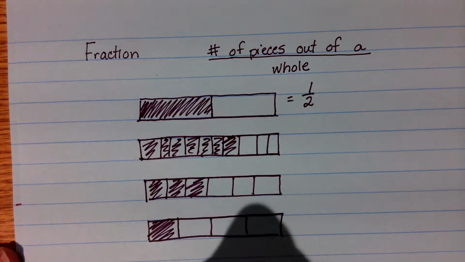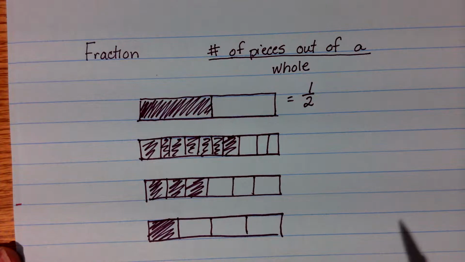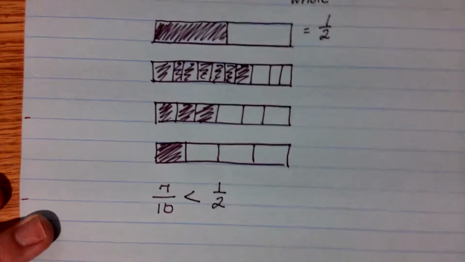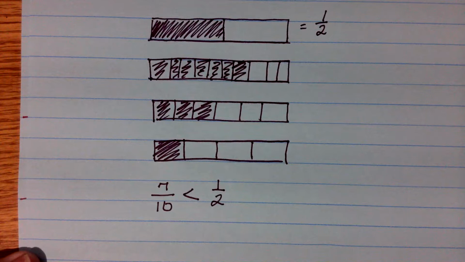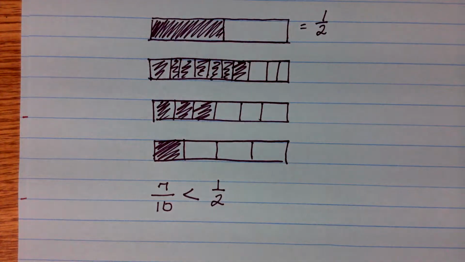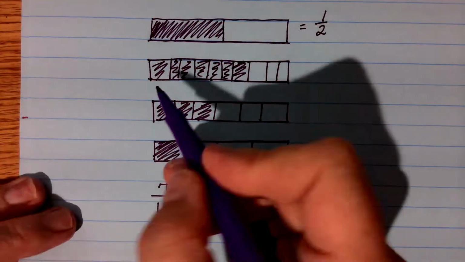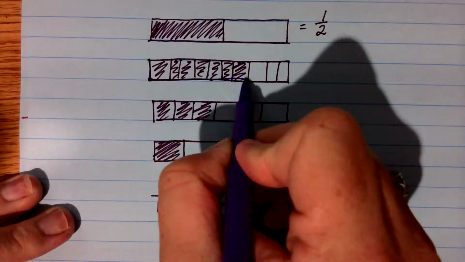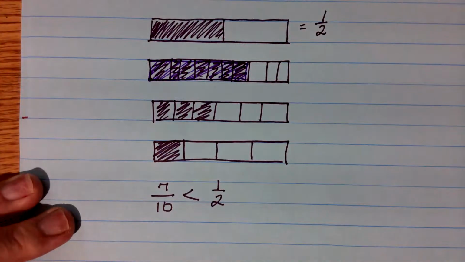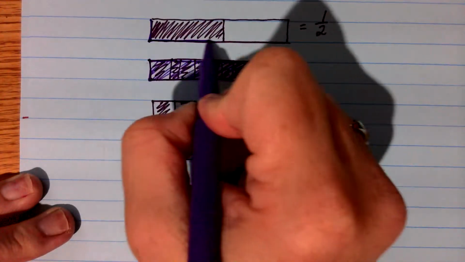So they may say something like this: 7/10 is less than 1/2. And you have to decide if 7/10 really is less than 1/2 by looking at these models. If we look at the models, we first have to find which one shows 7/10, which is going to be this one right here, and which one shows 1/2, which is the one right above it.